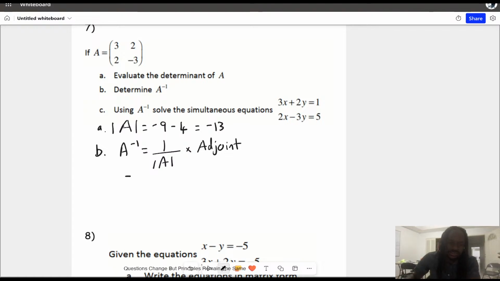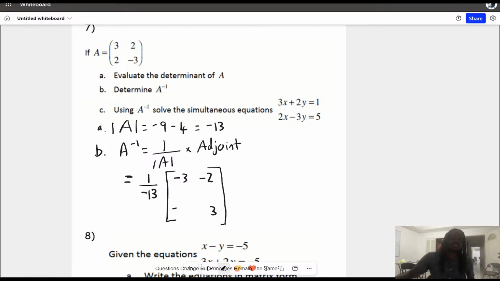So it is 1 over, what's my determinant? Negative 13. So 1 over negative 13, multiplied by the adjoint. What's my adjoint here? I will interchange the leading, so that's negative 3 and positive 3. Change the signs of the non-leading, that becomes negative 2, and that also becomes negative 2.